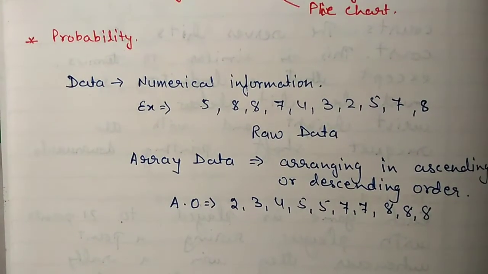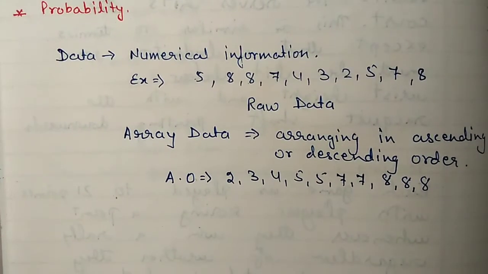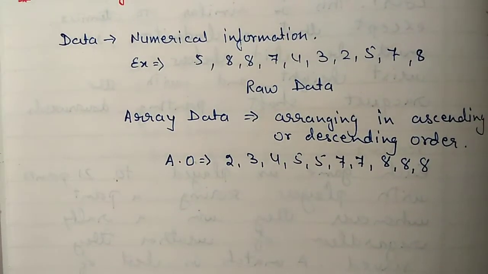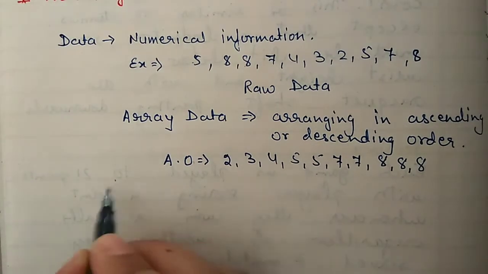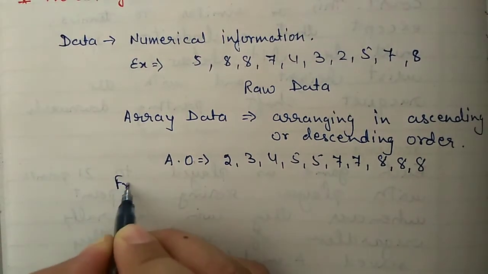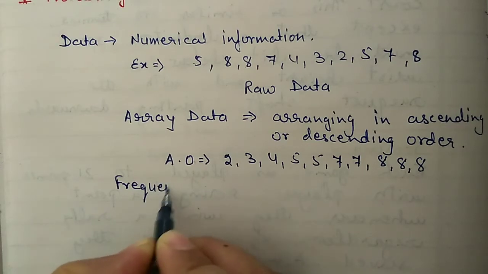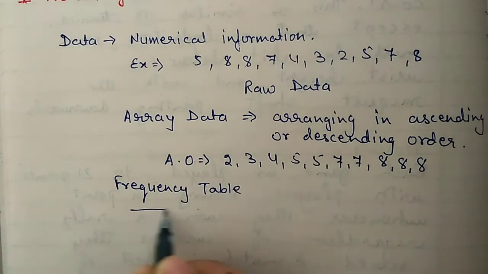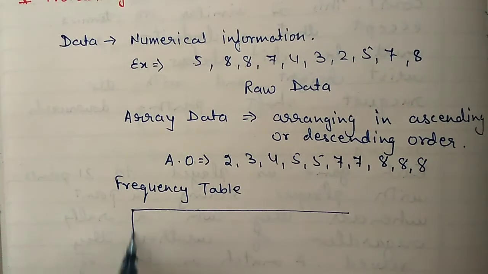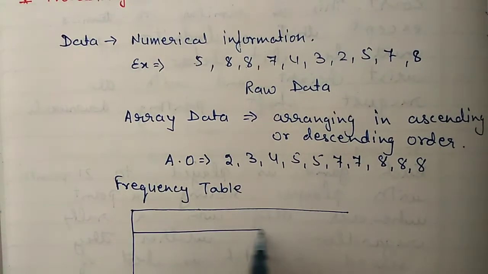This data again we can represent by table or by graph. If you want to represent by table, then first is the frequency table. How to arrange it? You have to make a table with 3 columns.